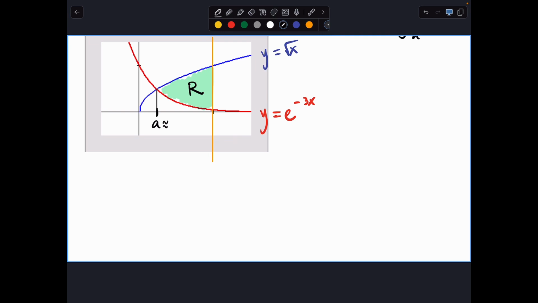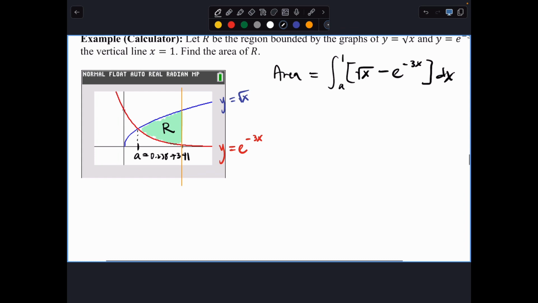You technically could just round to 3 decimal places, but because this is not the final answer, I would write down what you see on your calculator. So on my calculator, I saw 0.2387341. And I would actually just write that as A equals, so that then I can just leave that as A.